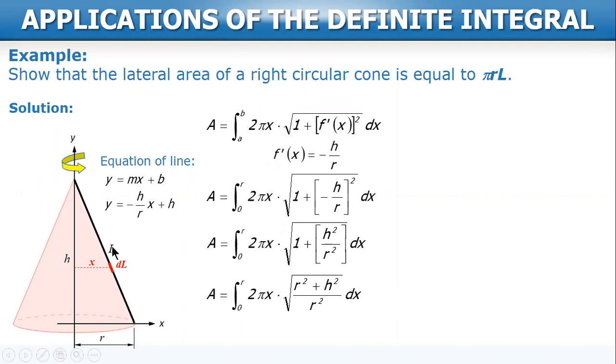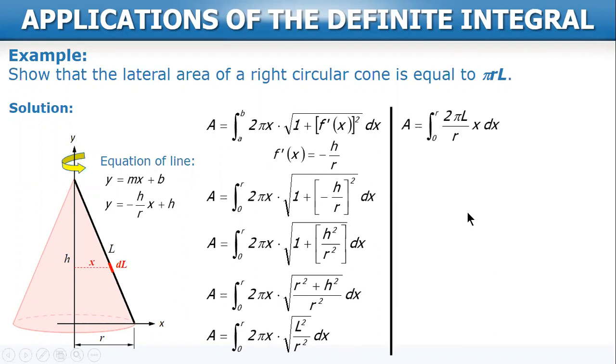So we can replace this by L squared. If we extract the square root, this is simply L over r. So times pi, that's 2 pi L over r, x dx.